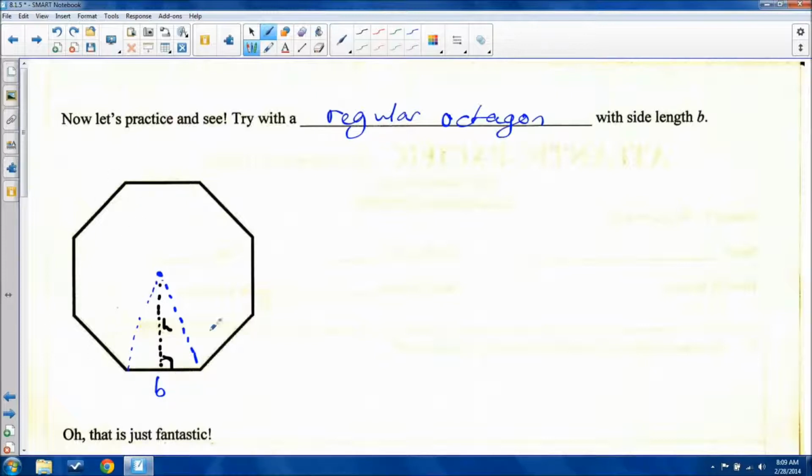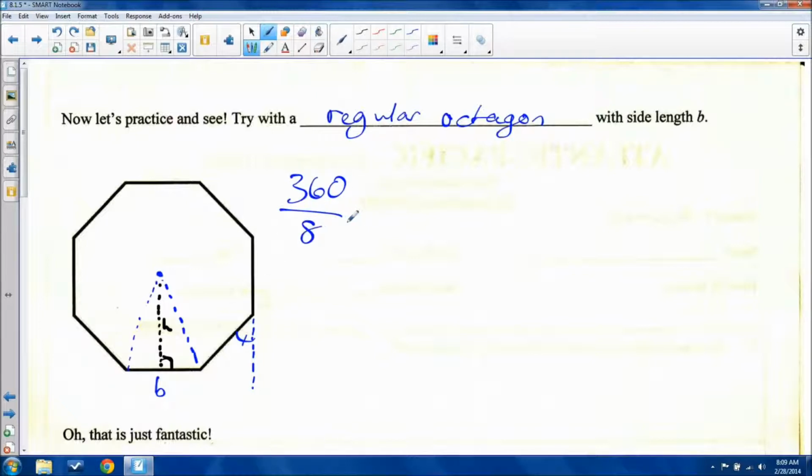This is a regular octagon, so that means they have specific exterior angles. And remember, the exterior angles are the same exact measure as the full central angle. So these two guys are congruent. If I find one, I find the other. Better yet, I could just look at one. I don't have to look at the other. I don't have to look at exterior angles if I don't want to, but because we worked with them, exterior angles add up to 360.